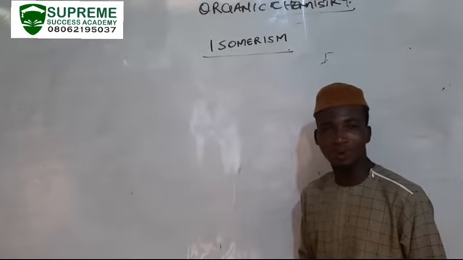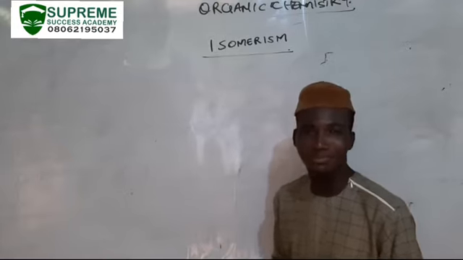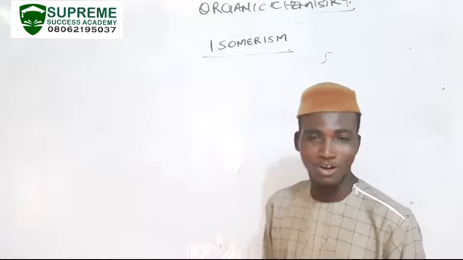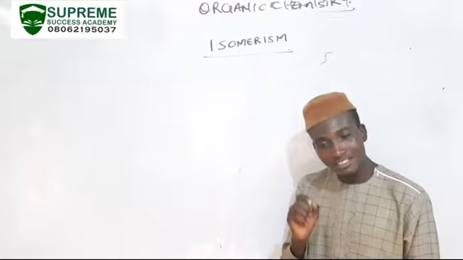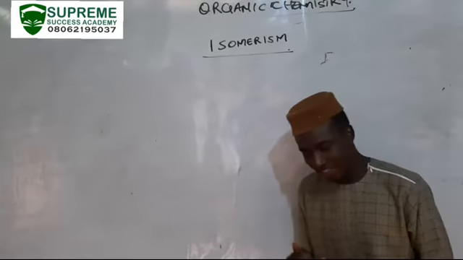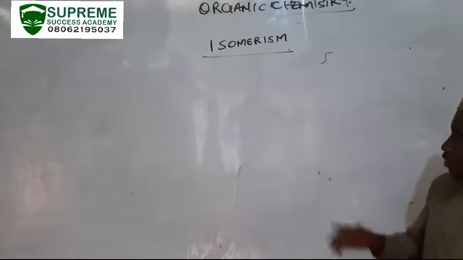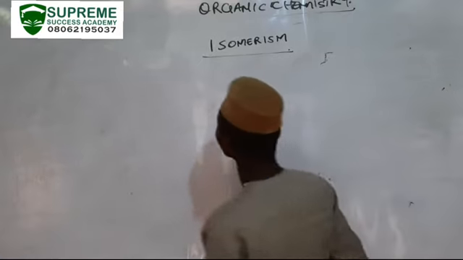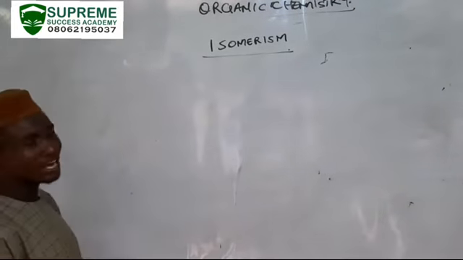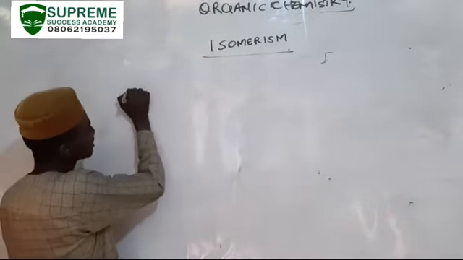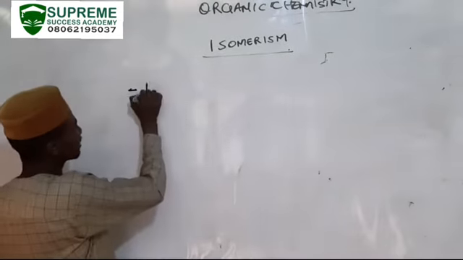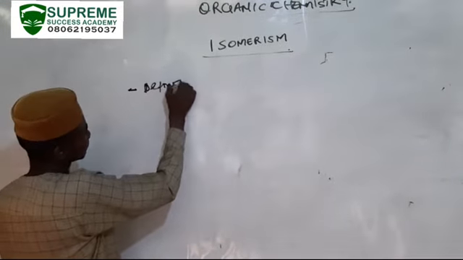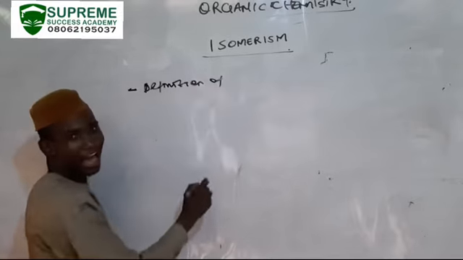IJMB, WAEC, JAMB, NECO, and it is very essential that we take note of the core areas. So what are the things we shall be discussing under isomerism? We'll be looking at the definition of isomerism.